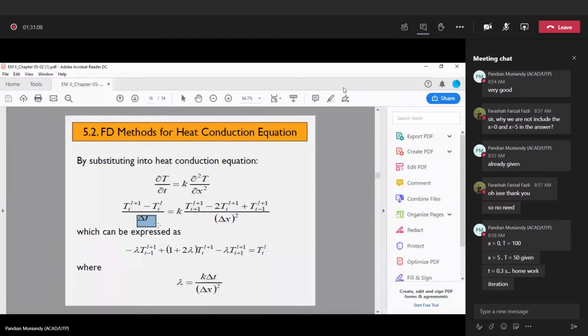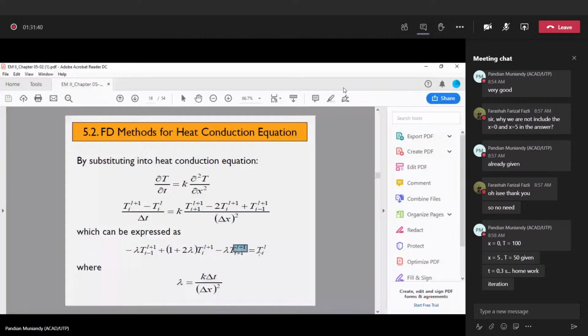You simplify T superscript L plus 1 minus T superscript L subscript I. This term, del T K over del X squared, is lambda. So this lambda goes here, and T superscript L plus 1 all on the left hand side. Write down this one, L plus 1.